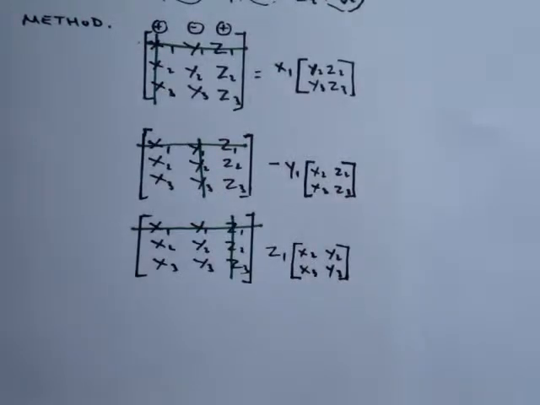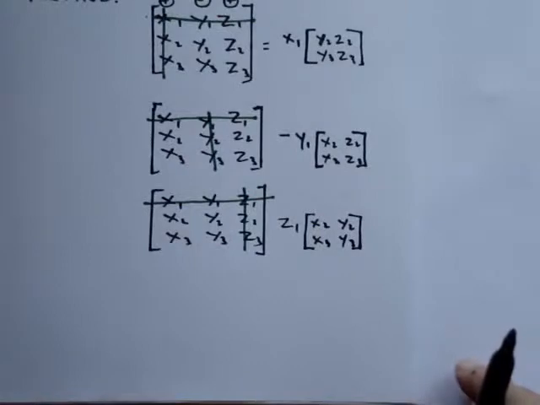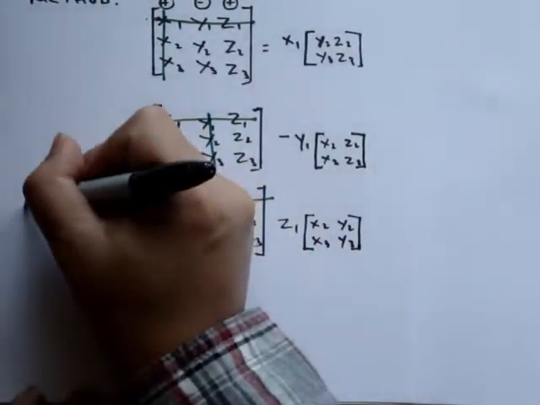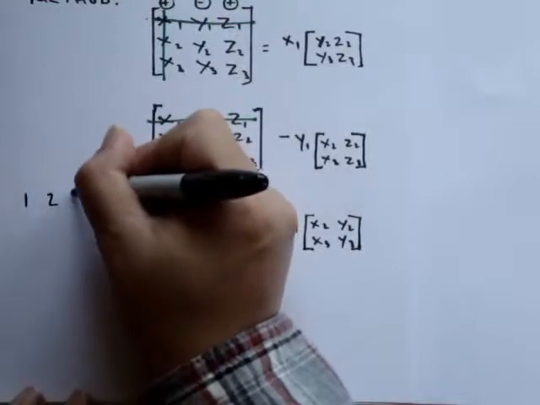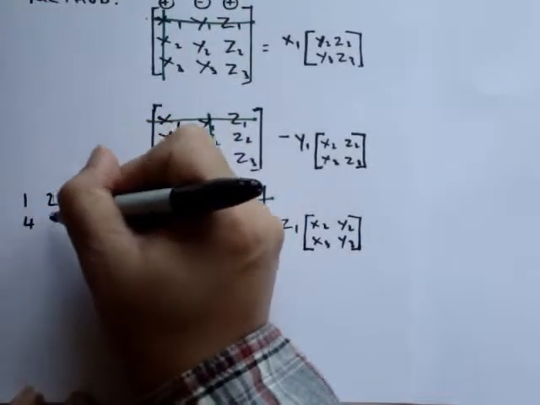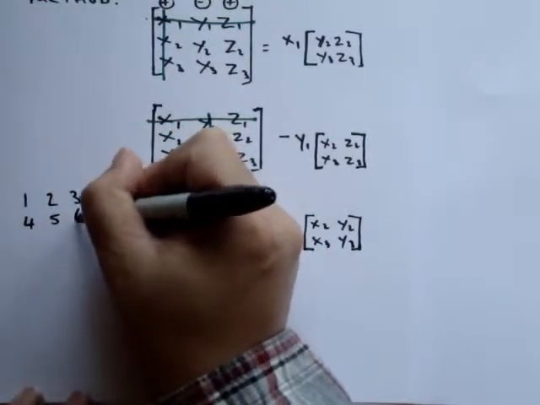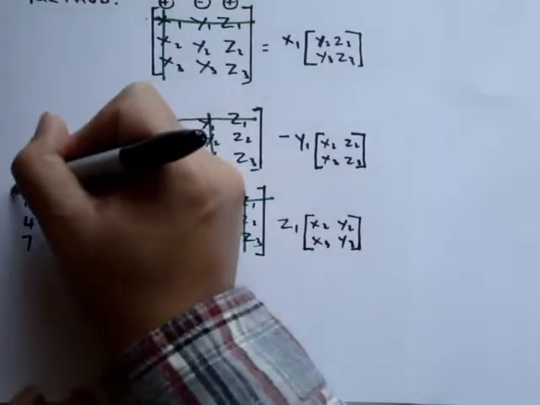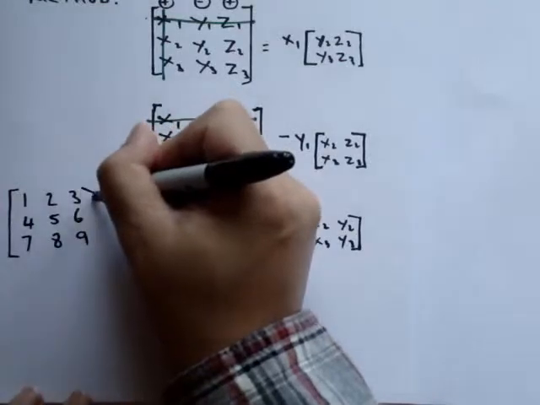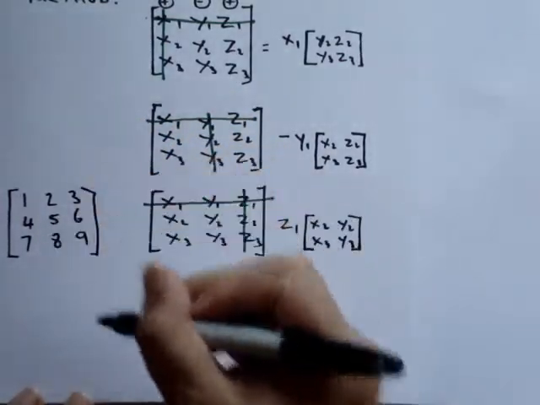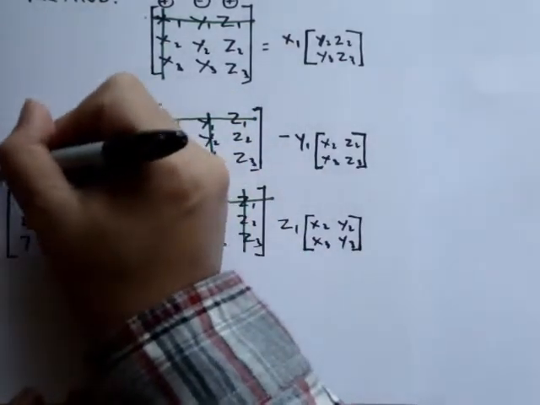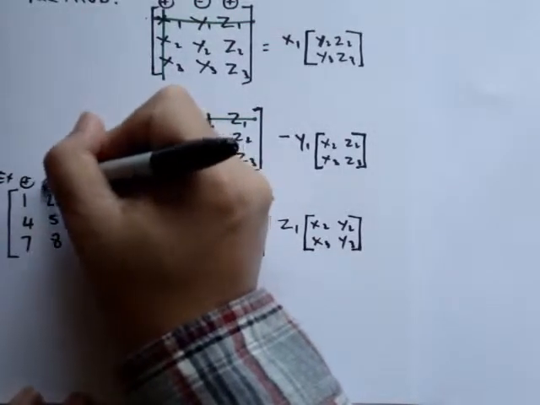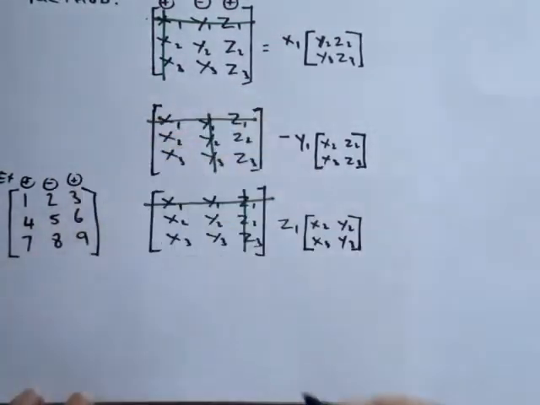Okay, let's have a little practice. So if we had our matrix as 1, 2, 3, 4, 5, 6, 7, 8, 9, this is going to be our example matrix. First of all, make this positive, negative and positive.